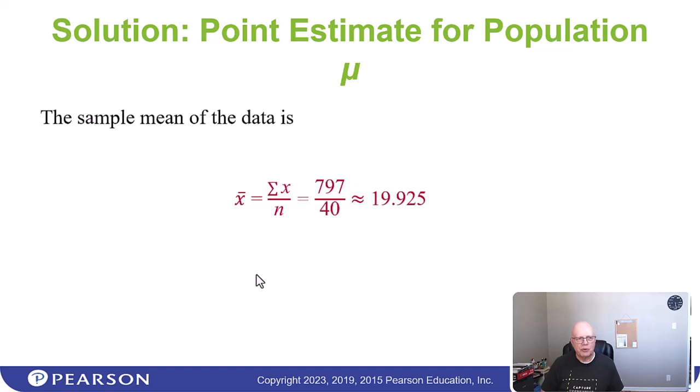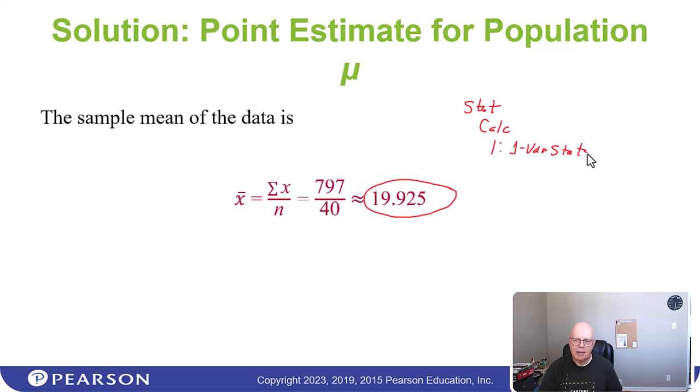All right, you're back. So, the sample mean of the data is 19.925. Now remember, you could get that by stat, calculate, submenu, and go to the first one in that list, one variable stats.